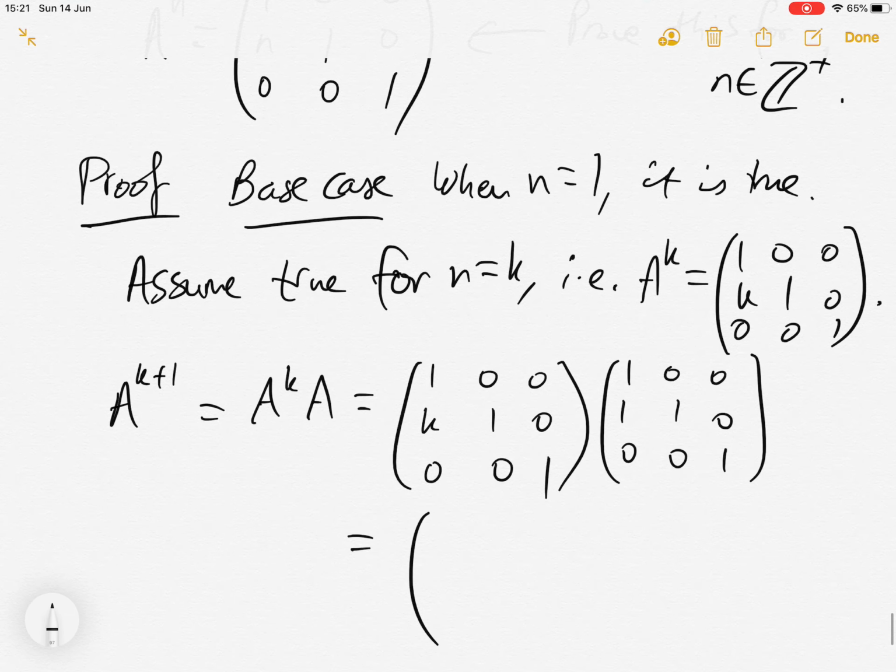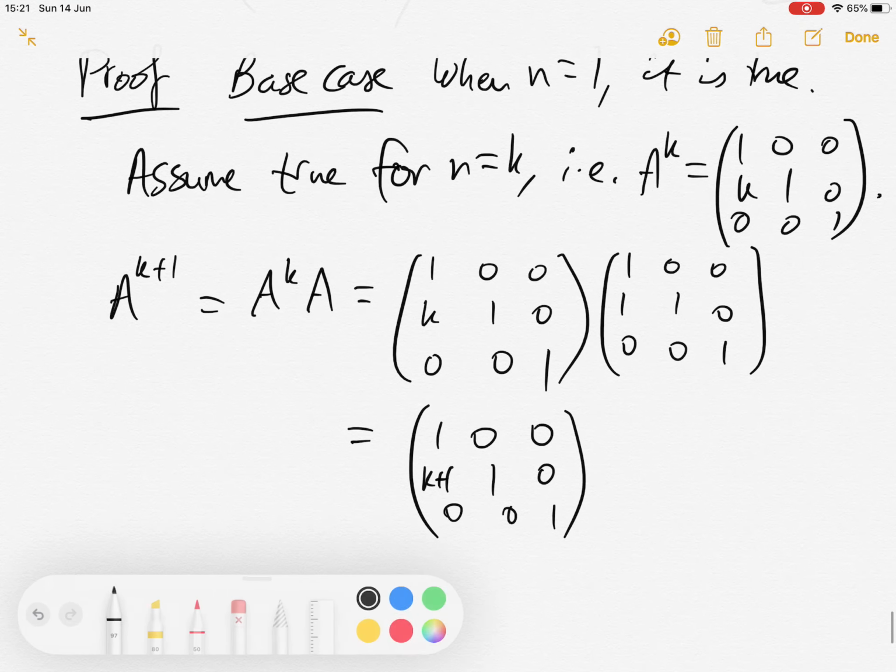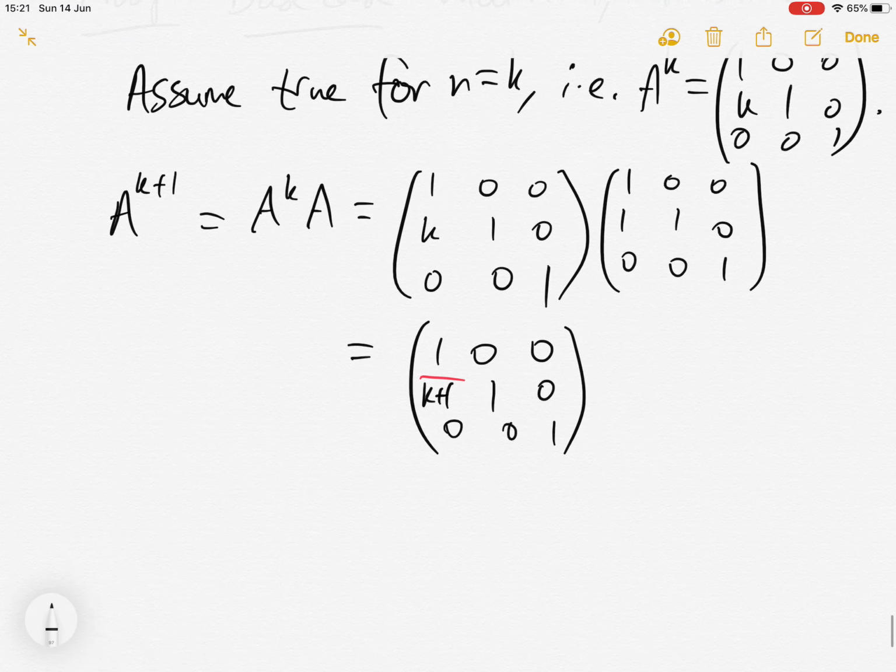If we multiply these together, we get 1, 0, 0, k plus 1, 1, 0, 0, 0, 1, which is exactly what we wanted. It has k plus 1 in place of n.